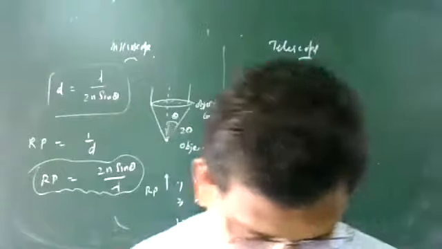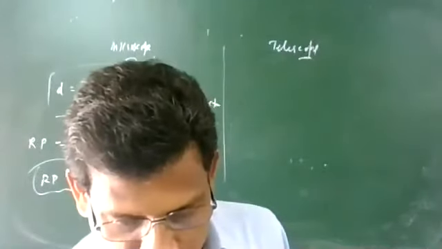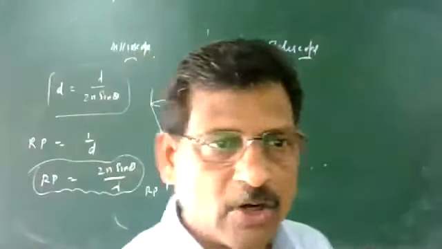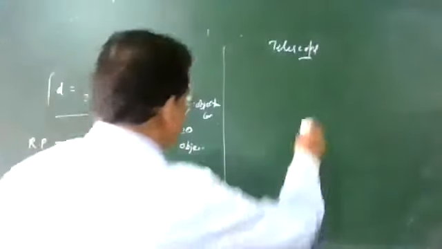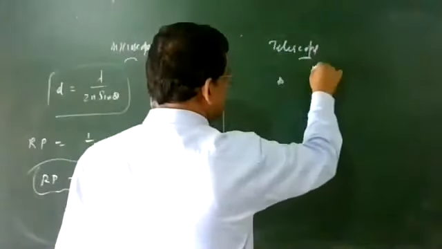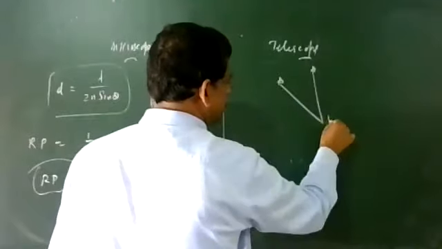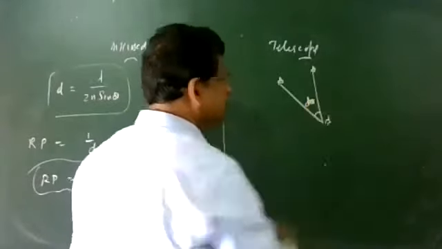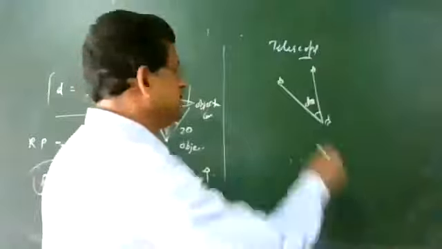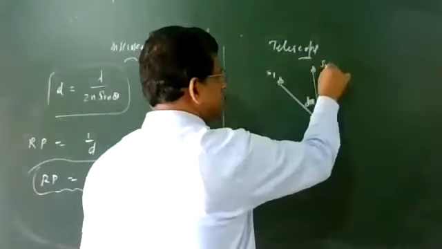Next is the resolving power of a telescope. The resolving power of a telescope relates to the small angle. Here you have your eye. This is the smallest angle, the minimum angle through which you can see the two stars S1 and S2.